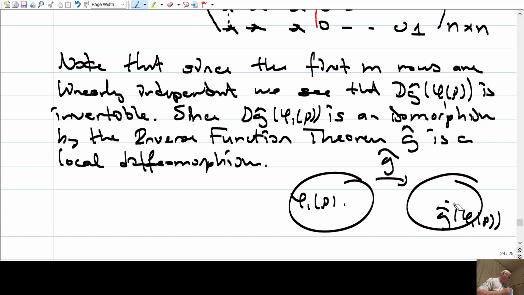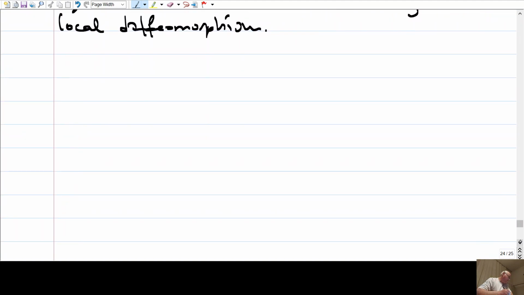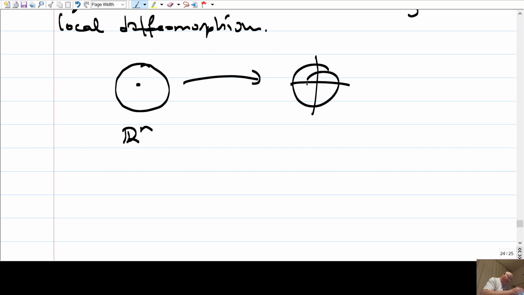All right, now here I have some open set in Rn, and I have another open set in Rn, and I have this G hat, and it's a local diffeomorphism, meaning that it has an inverse, and the inverse function is also differentiable.